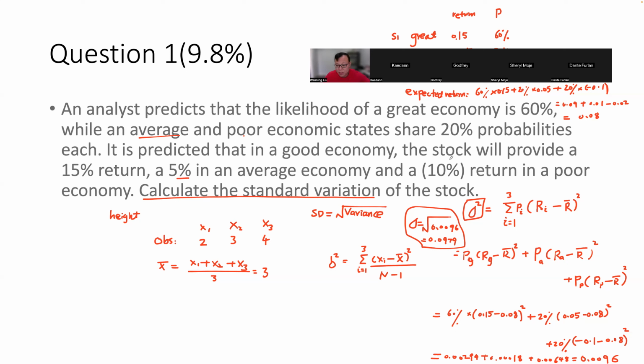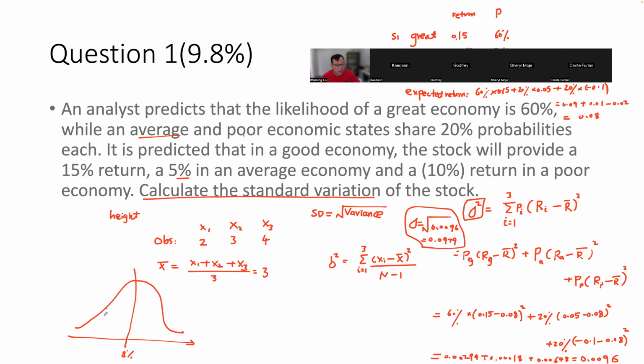So in this question, we have learned that if you draw a picture of the normal distribution, the expected return is, what is that number? 8%.